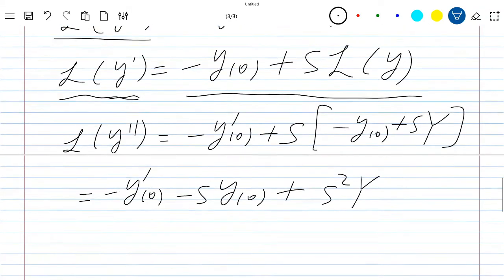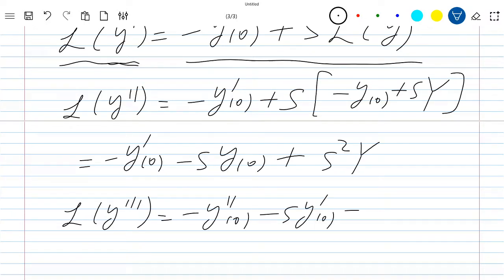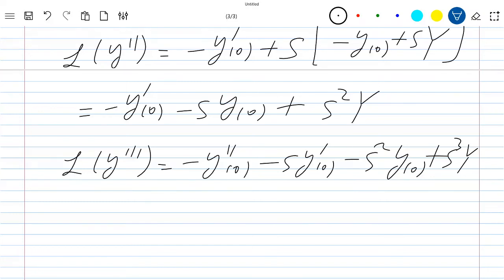Okay, and you can even make it high order if you want. So you can see this is negative y double prime of 0, negative s y prime of 0, and then minus s squared y of 0, then plus s cubed Y. Okay, so you can extend this list longer and longer.